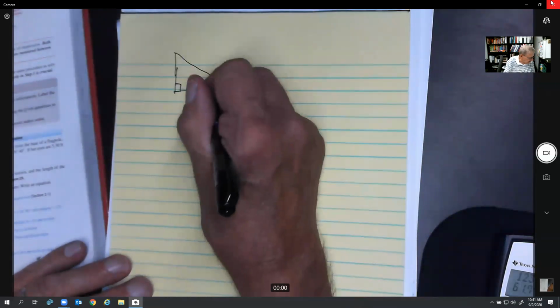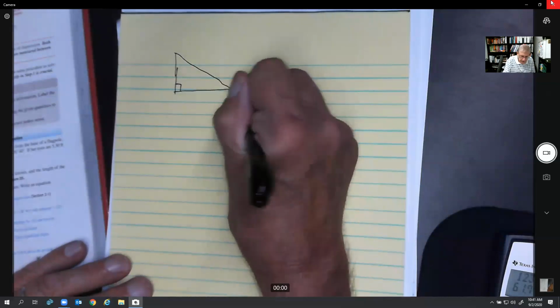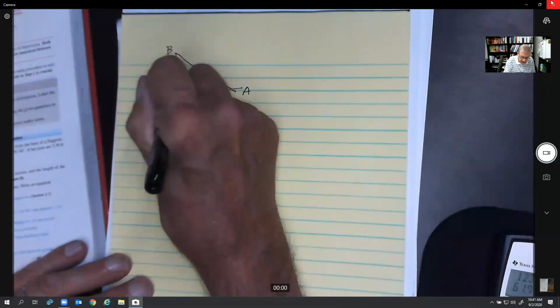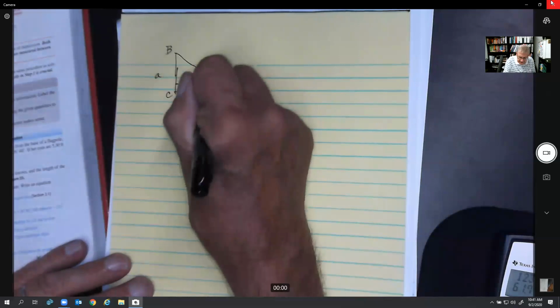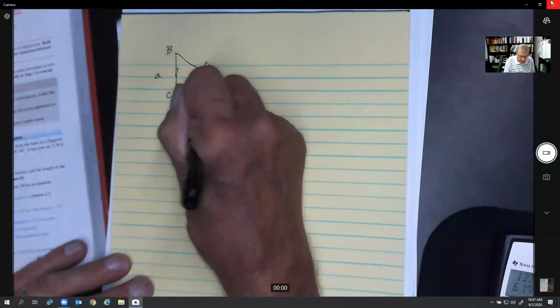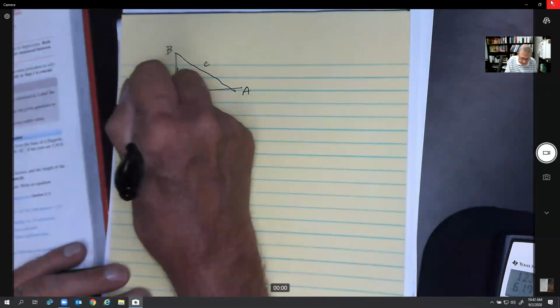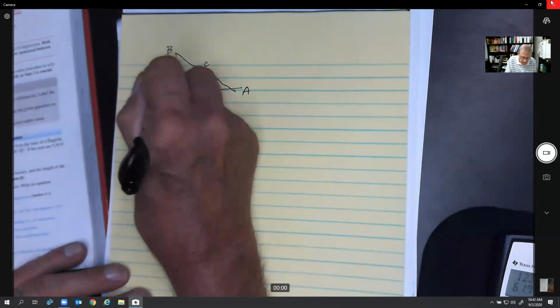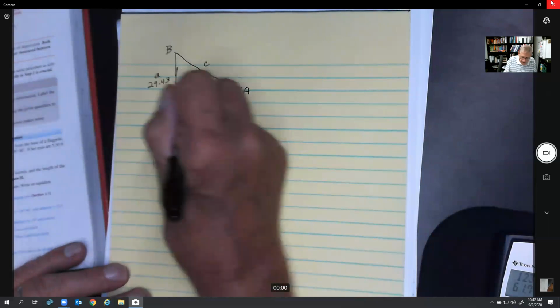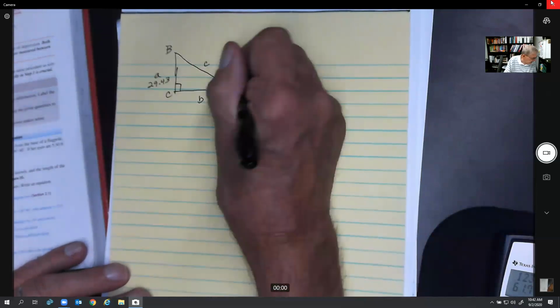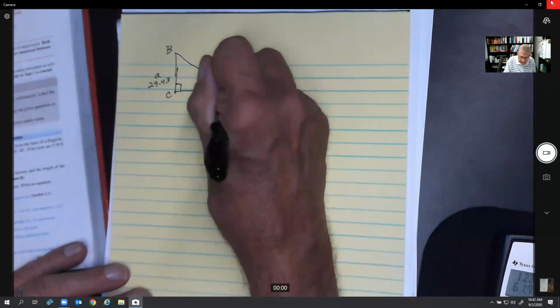Okay, here's A, B, C. This is side A. This is side C. This is side B. This side is 29.43 centimeters. And this side right here is 53.58.